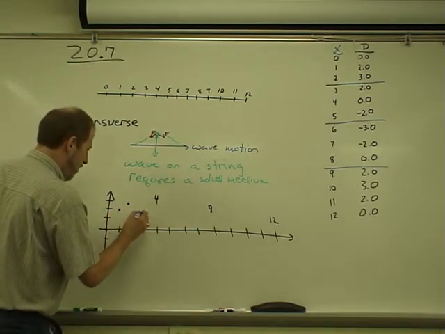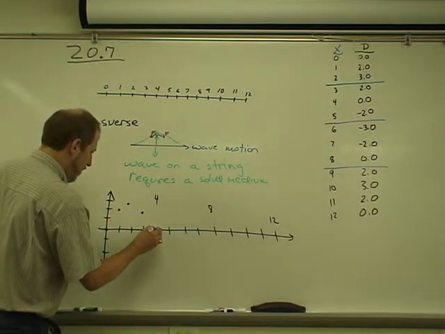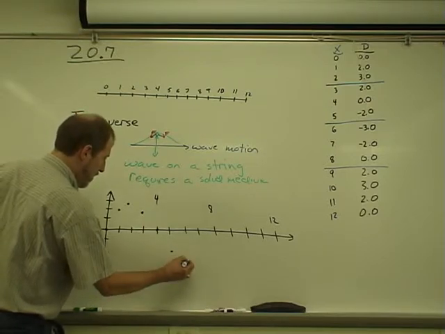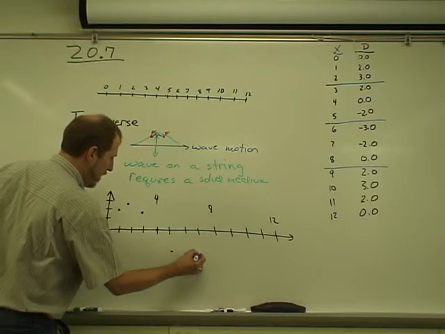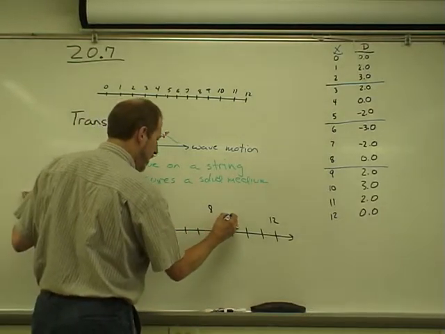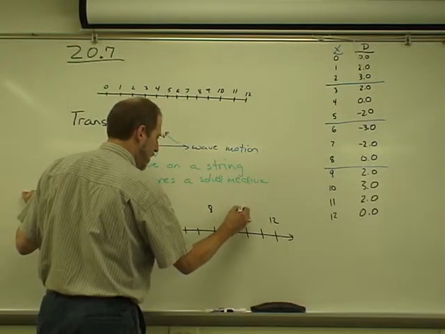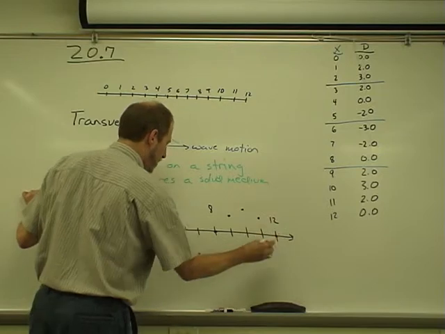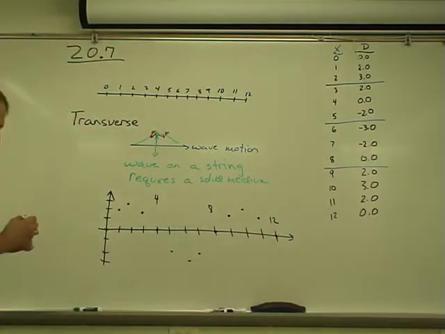Then 2, 0, negative 2, negative 3, negative 2, 0, 2, 3, 2, 0.